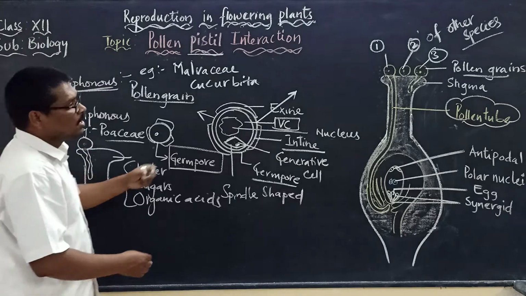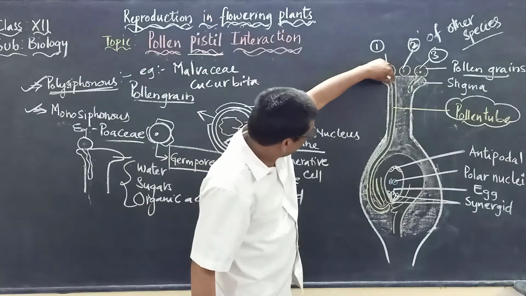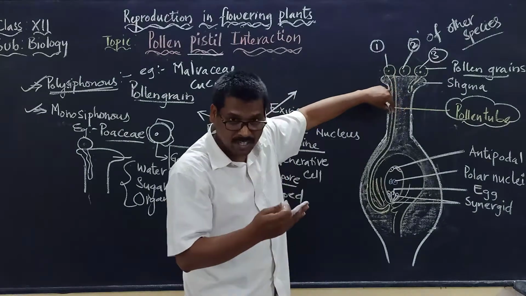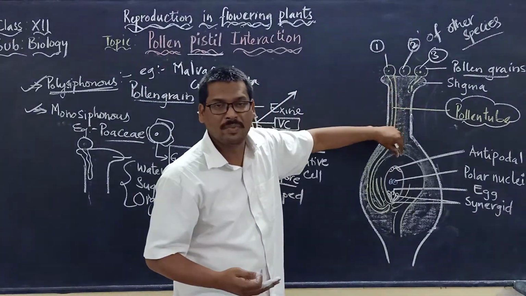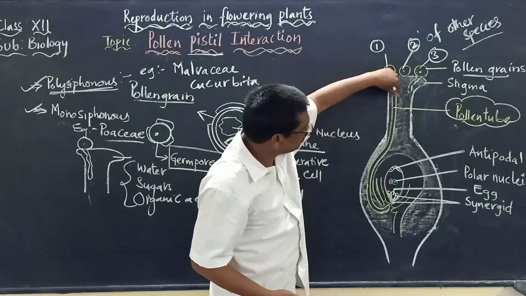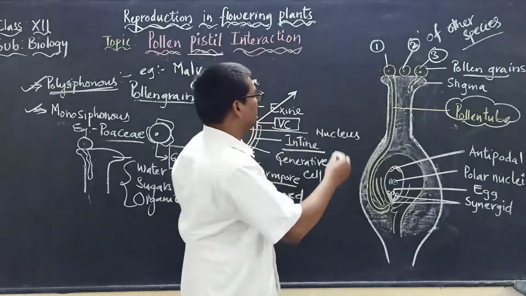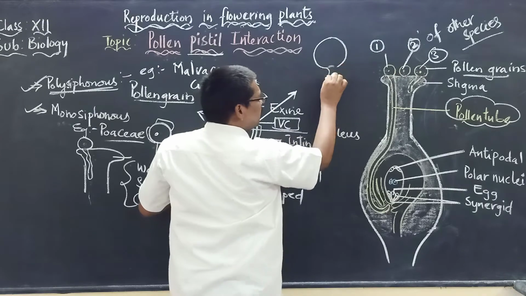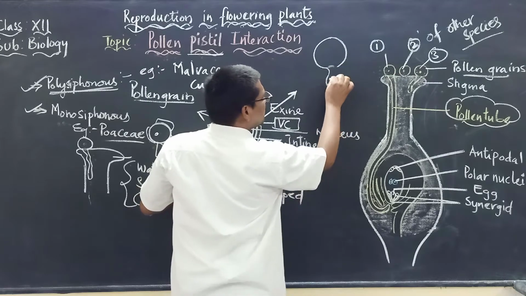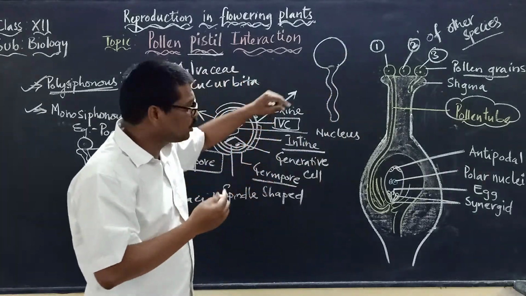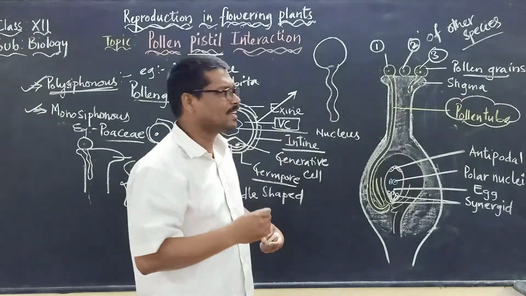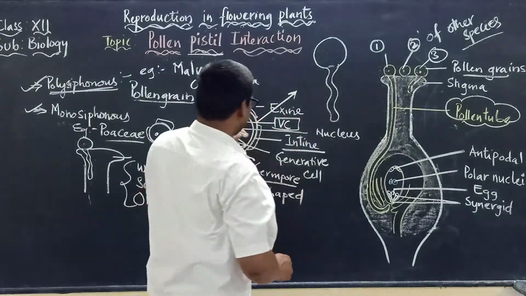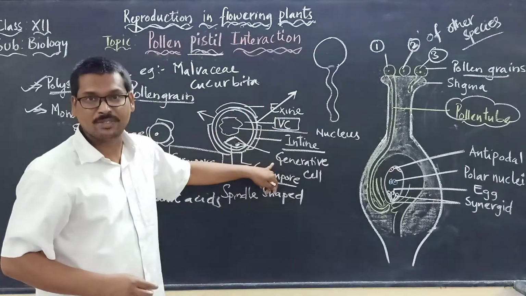So here we have learned polysiphonous and monosiphonous. Now slowly the pollen grain starts germinating and producing the pollen tube. This is the pollen tube. When the pollen tube is germinating, we already said that it has two cells, the vegetative cell and the generative cell.